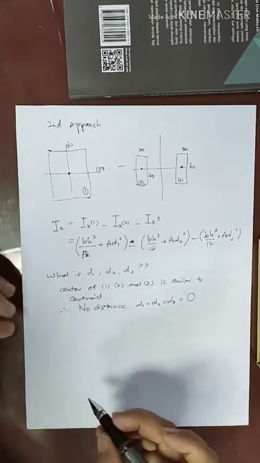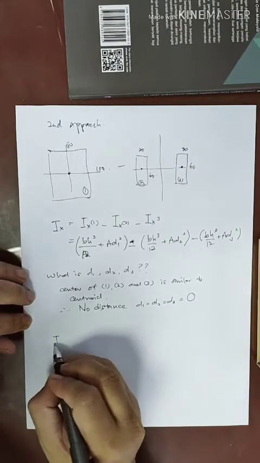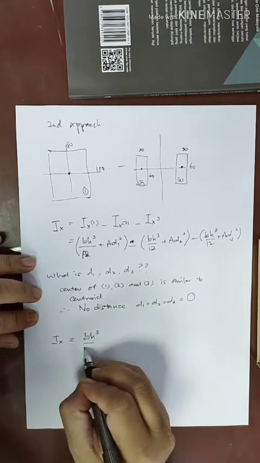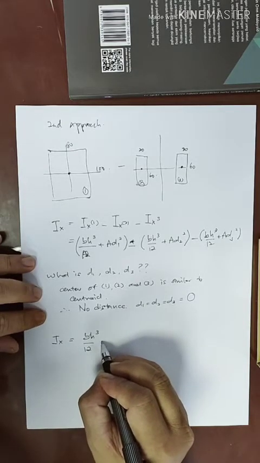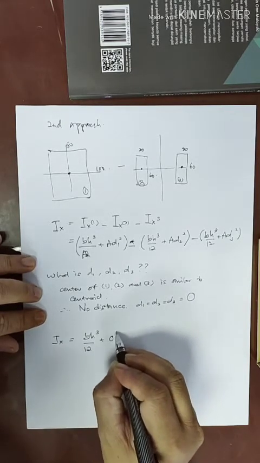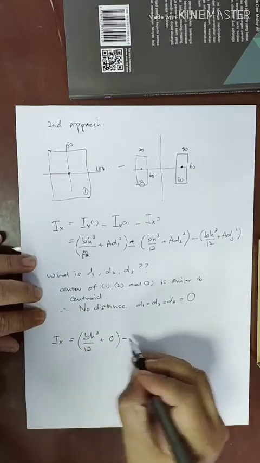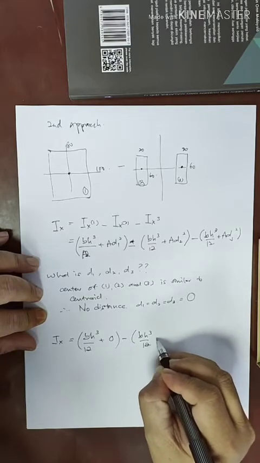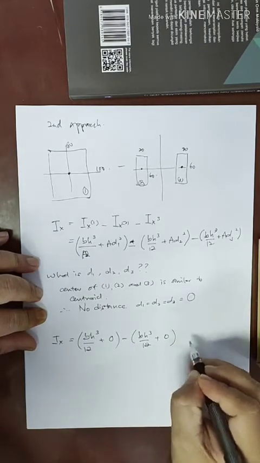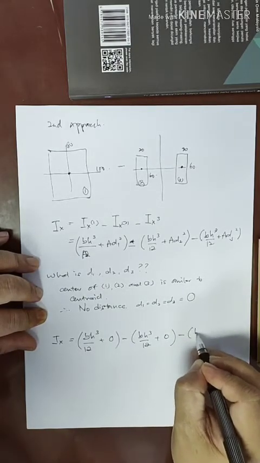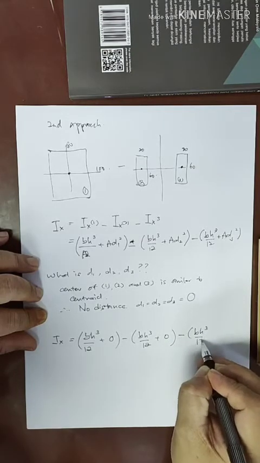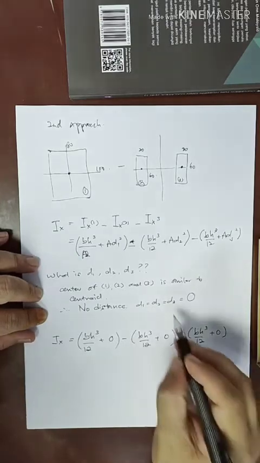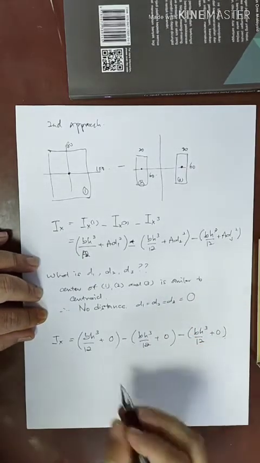So you just solve the equation by using bh cubed over 12 plus 0, minus bh cubed over 12 plus 0, minus bh cubed over 12 plus 0, due to no distance.